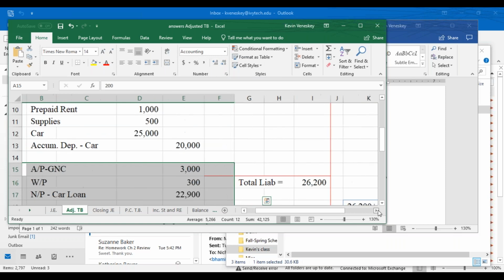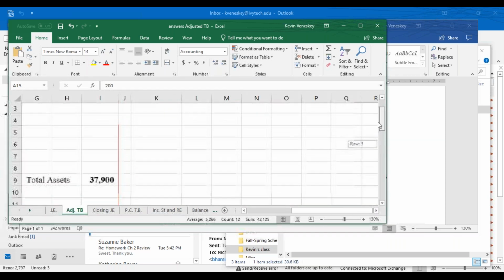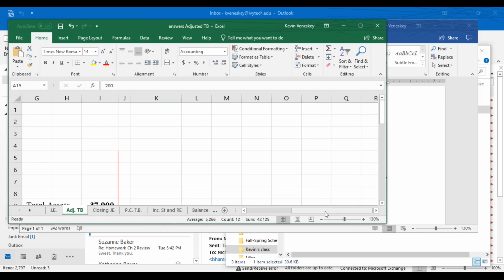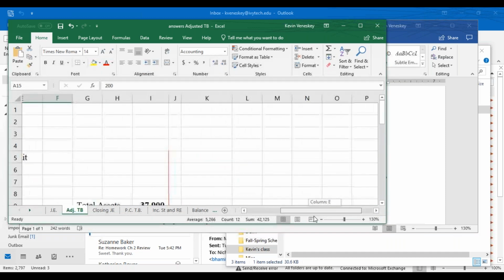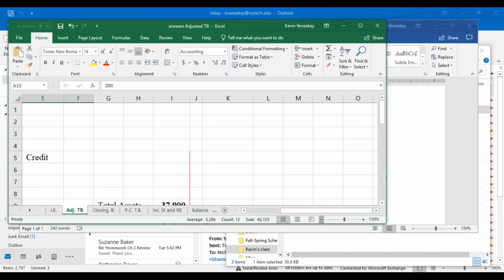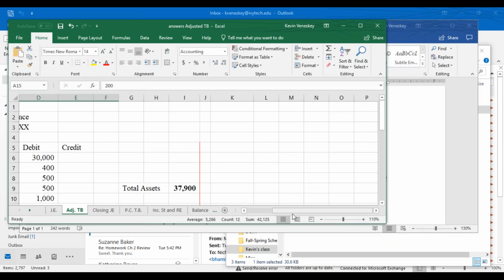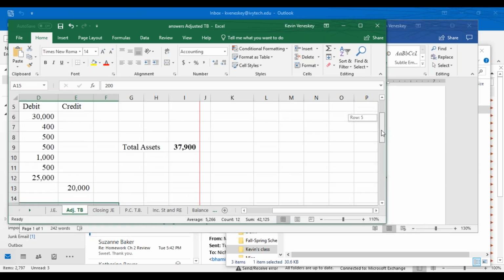Okay, I'm going to pull up over here to the side the equation balances. I have these off to the side of my trial balance like I did on the prior example. So the total assets that you should have got, 37.9.